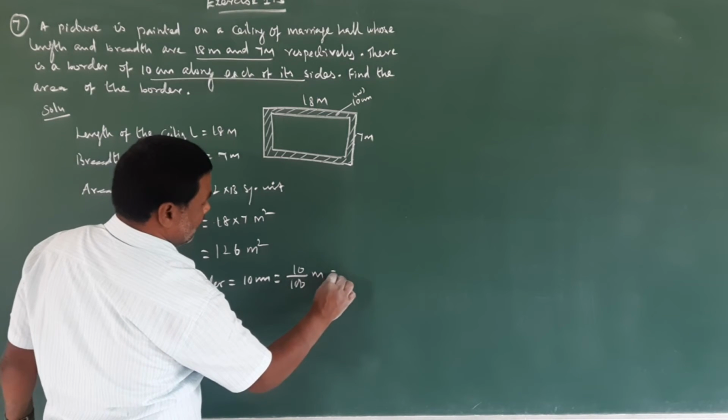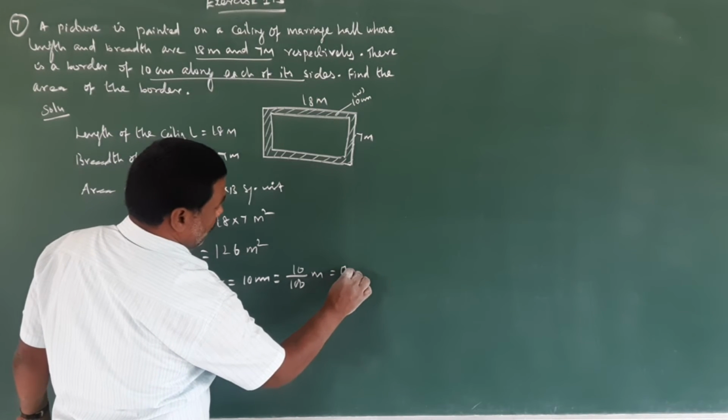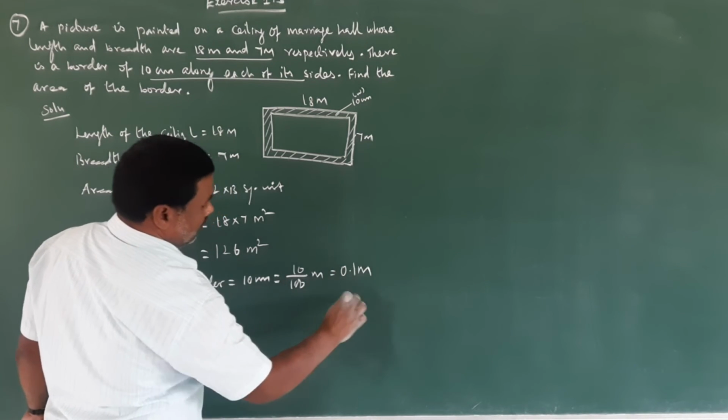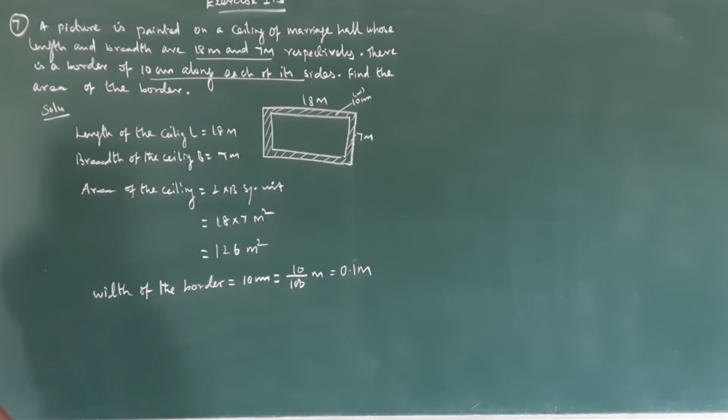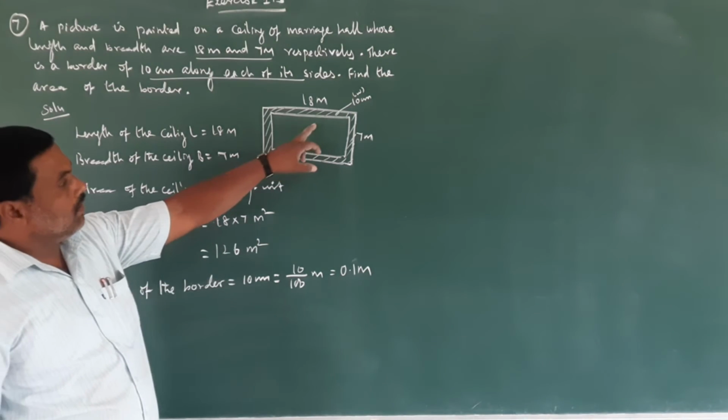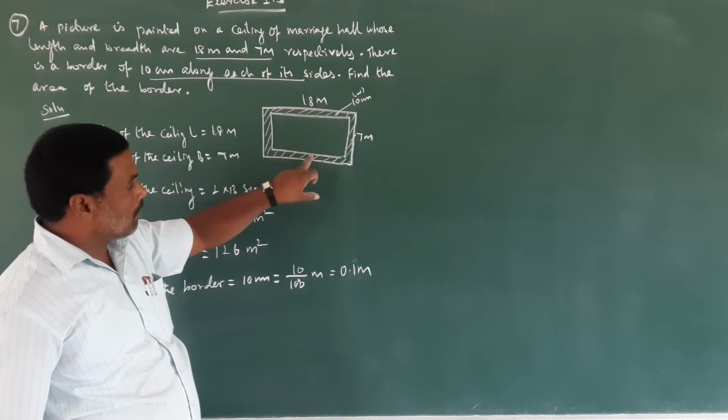Now answer 0.1 meter. Width of the border equal to 0.1 meter.